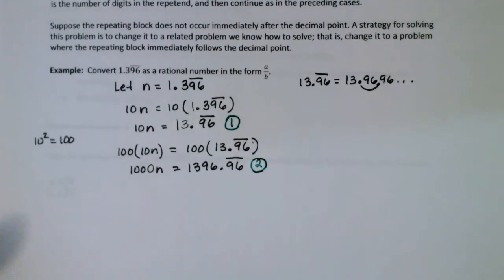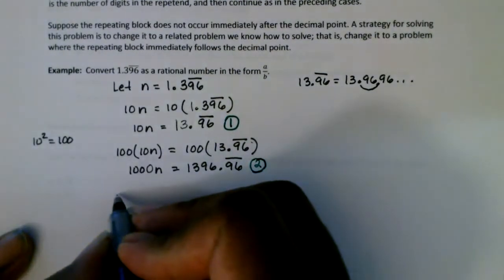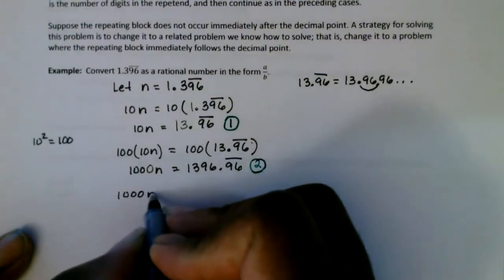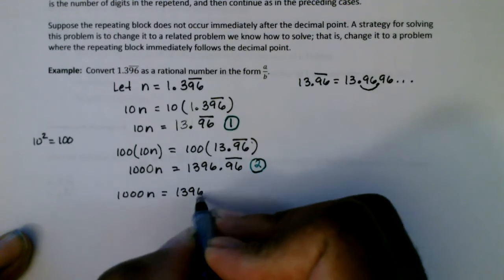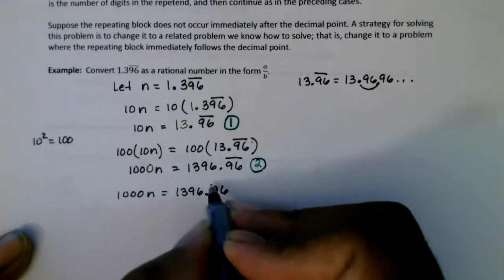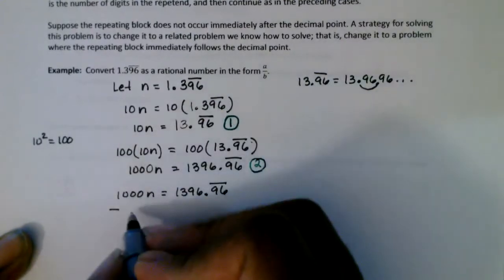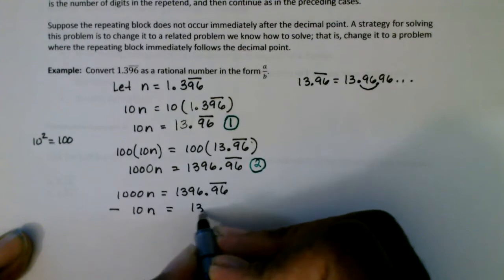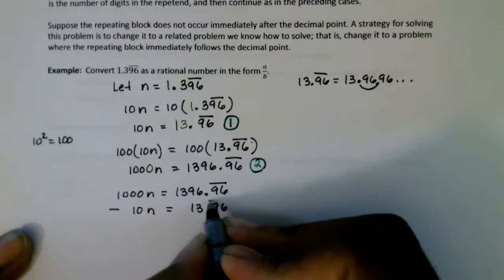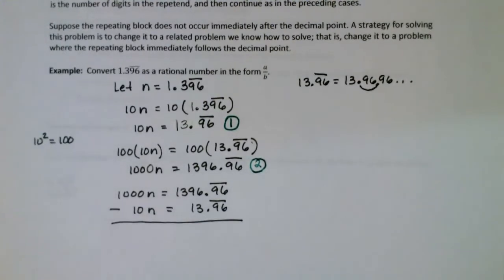So now I'm going to do equation 2 minus equation 1. So this will be 1,000n equals 1396.96, where the 9 and the 6 repeat, minus equation 1, which is 10n equals 13.96, where the 9 and the 6 repeat. Here I'm going to subtract those two equations.